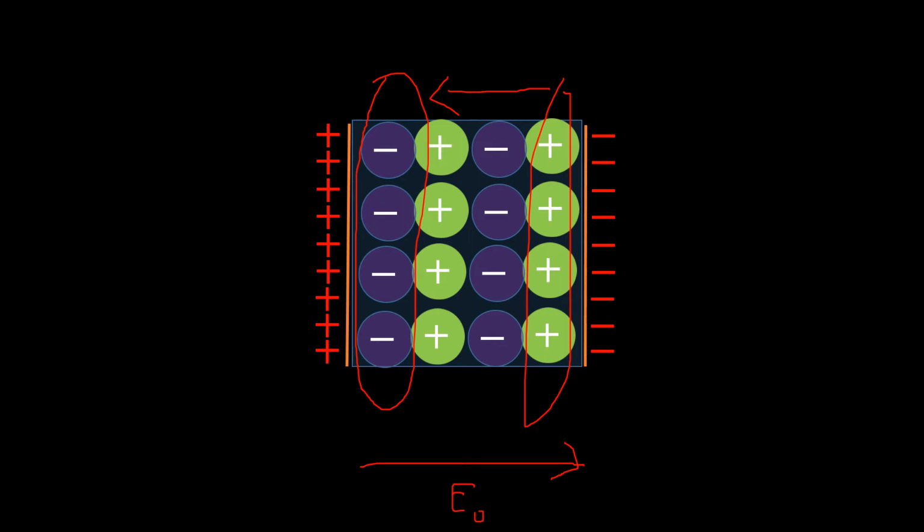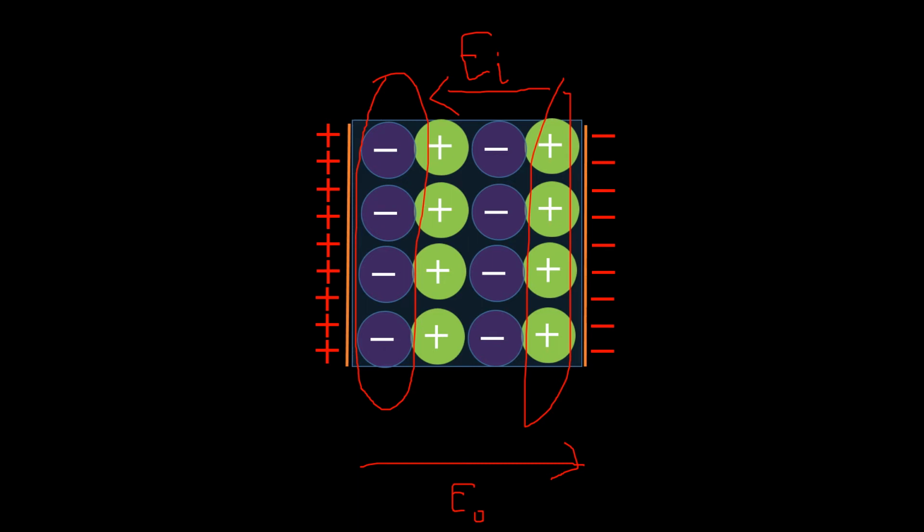And then the resultant electric field inside is less. What I mean to say is, suppose you don't have dielectric between the two plates, then you have some value of electric field. The moment you insert dielectric between two plates, dielectric is producing its own field, and then the resultant electric field decreases.